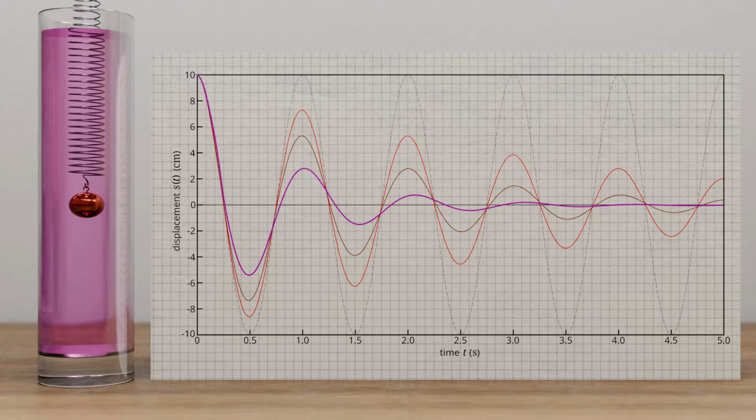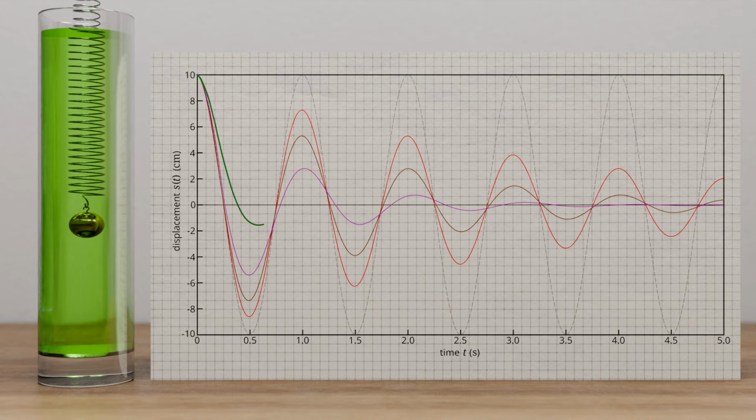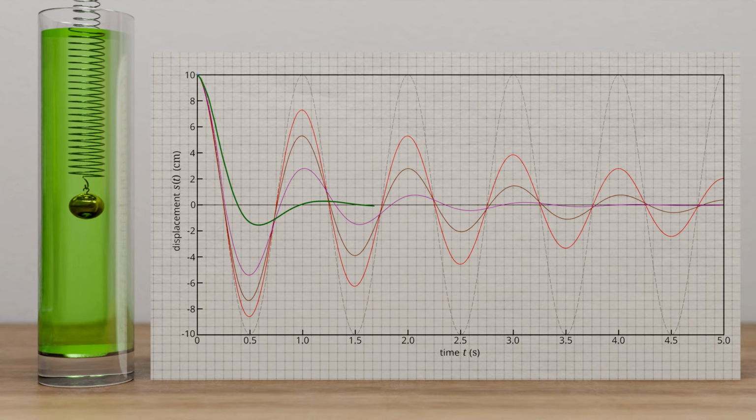We can increase the damping of the system even further by using a highly viscous oil as the damping medium. In this case, the spring pendulum is so strongly damped that only two complete oscillations are visible before the system comes entirely to rest. The illustrated oscillation curves show that despite the strong damping, the period duration is barely affected.